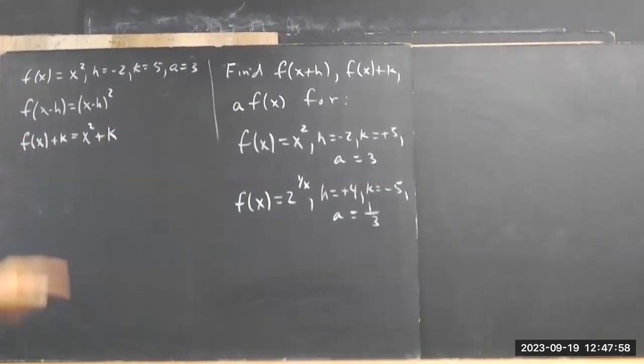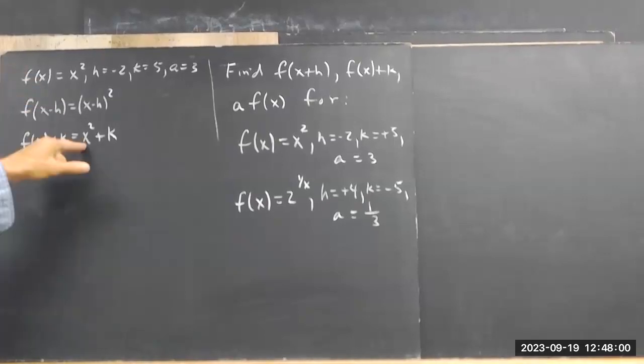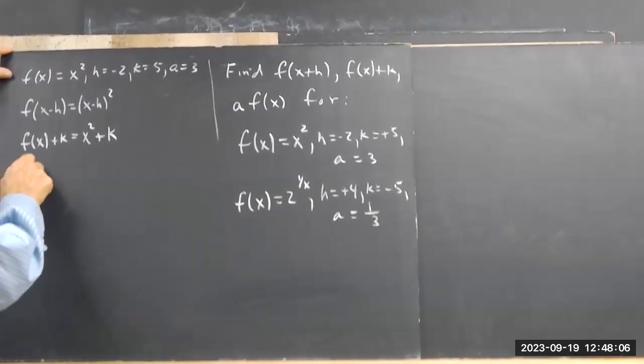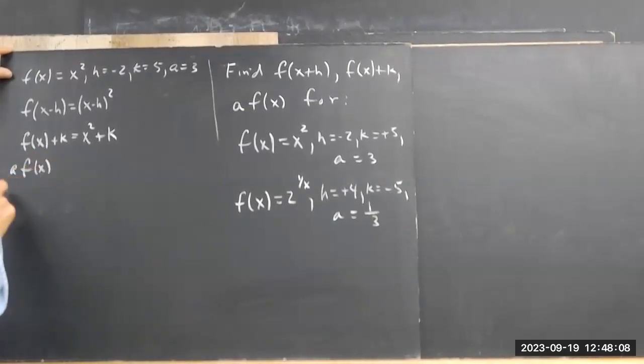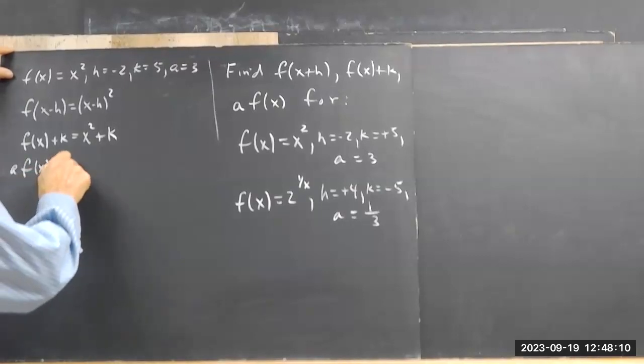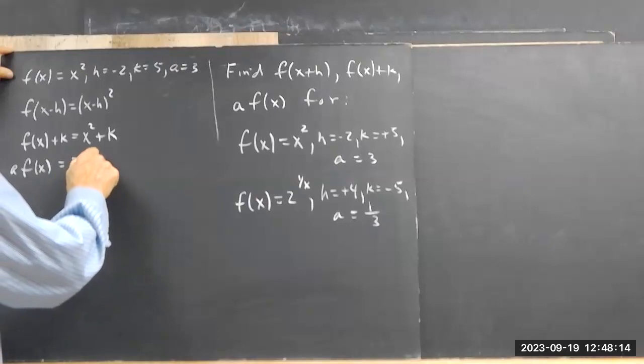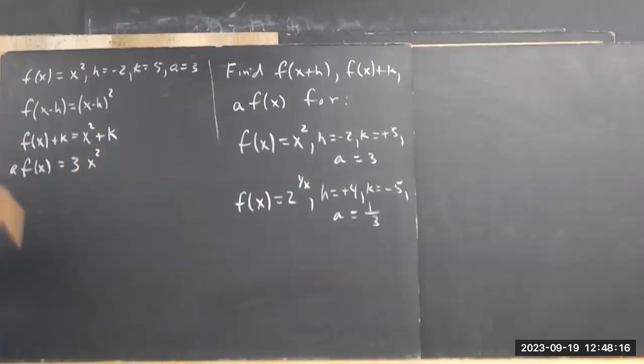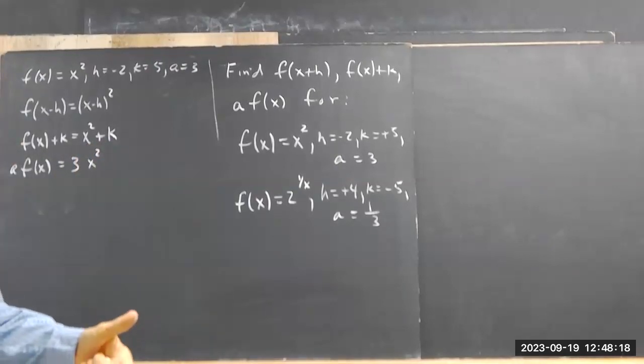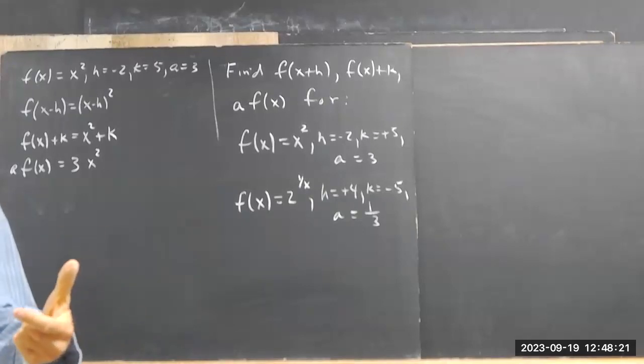You don't have any replacement to make. You just write down what f of x is, which in this case is x squared, and then you add k. And a f of x means a multiplied by f of x, which is 3 times x squared. Everybody okay with that?